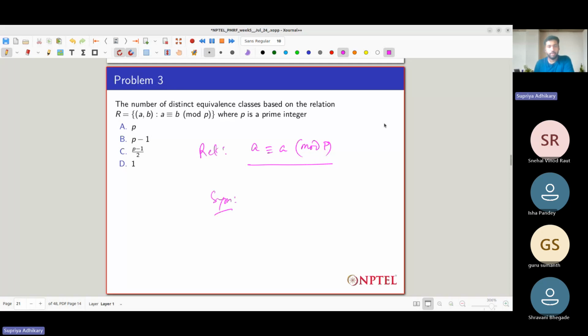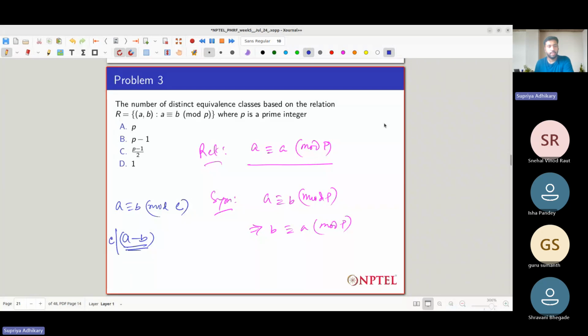Also, if we want to prove the symmetric relation, then we can say that a is congruent to b mod p, and that will imply that b is also congruent to a mod p. By the way, when we say that a is congruent to b mod c, that means that a minus b is divisible by c.